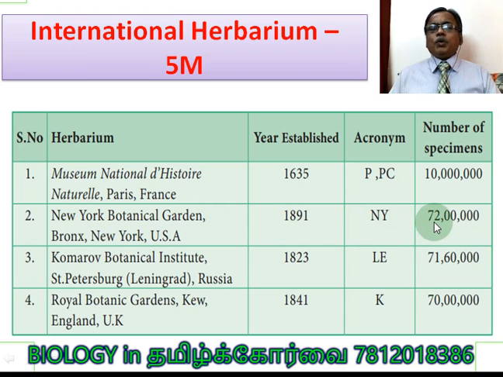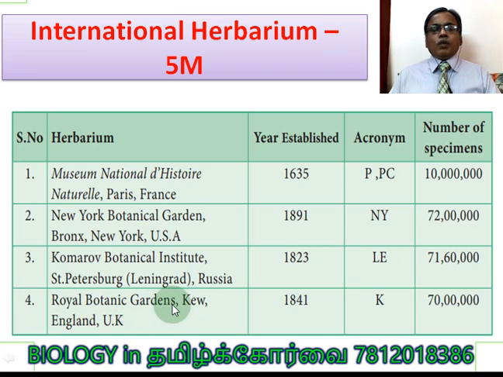Here 72 lakh specimens. Third one is Komarov Botanical Institute, St. Petersburg, Leningrad, Russia. 1823, that is the year of establishment. And its acronym is capital L, capital E. 71 lakh 60,000 species.